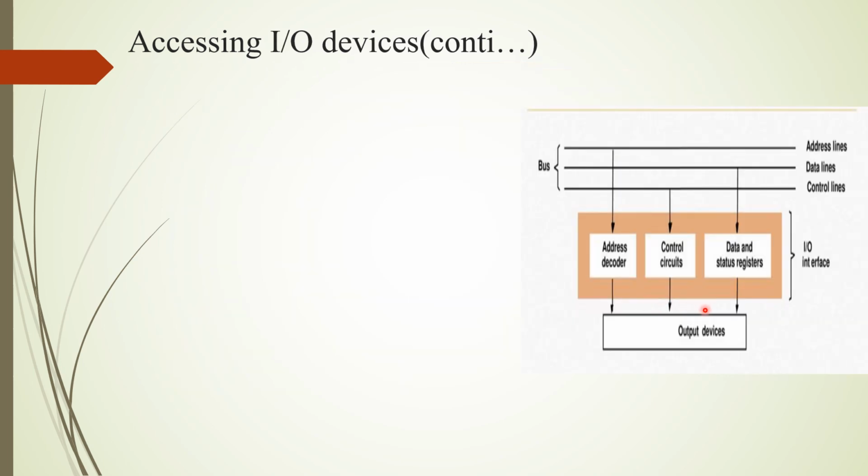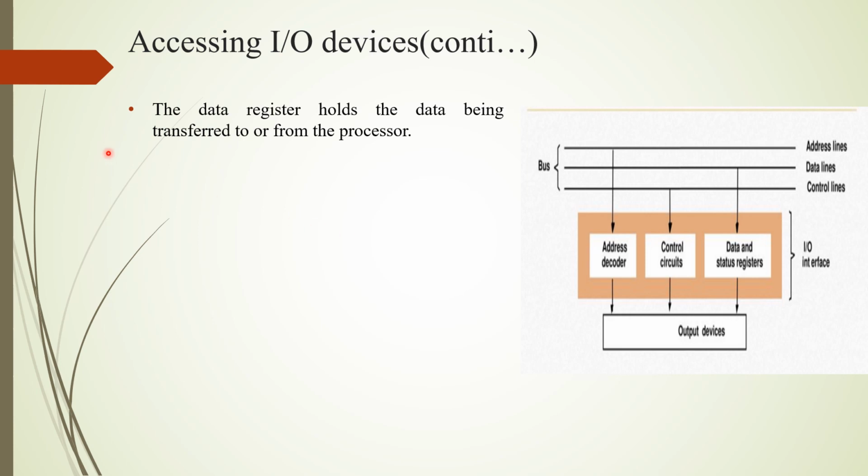This diagram gives an example of an output device connected to the computer system with an IO interface. Here also the IO interface consists of three modules: address decoder, data and status register, and control circuits. The data register holds the data which is being transferred to or from the processor.